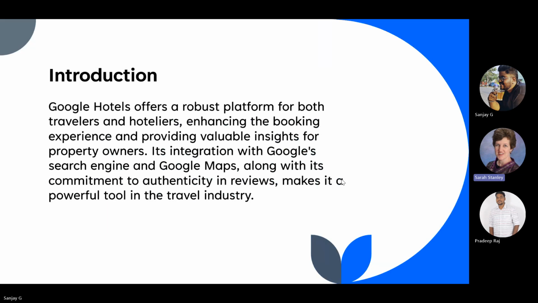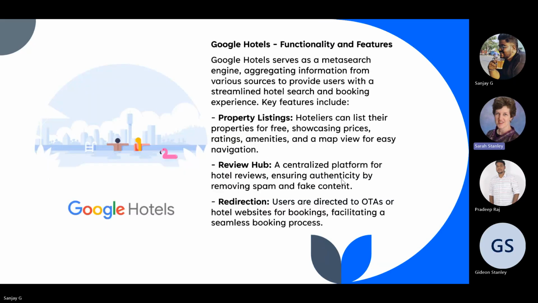And so the great thing, of course, with listing your property on Google and providing a really good detailed listing is that you're also linking everything and syncing when people are searching on maps, right? So it's already connected together.